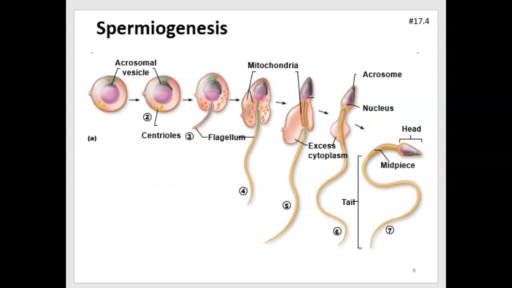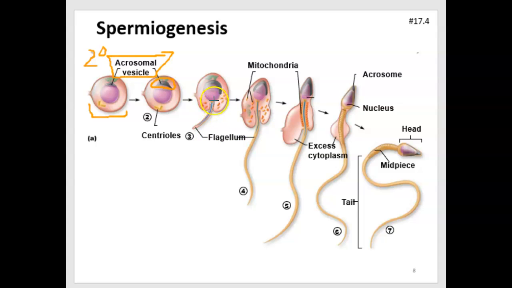So I've drawn a little picture, but this picture is better. In spermiogenesis, we start with this secondary spermatocyte. That's this picture A right here. And the first structure that forms is called an acrosomal vesicle, and it's shown in green in this region.